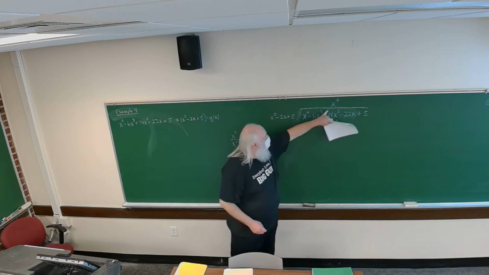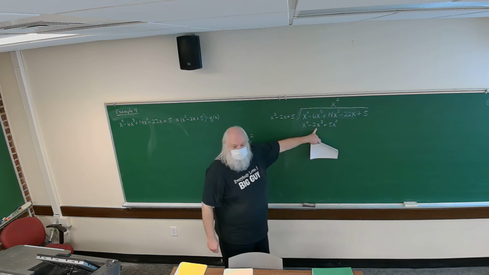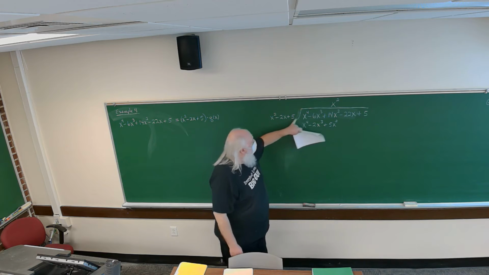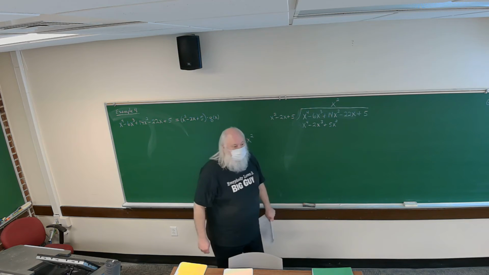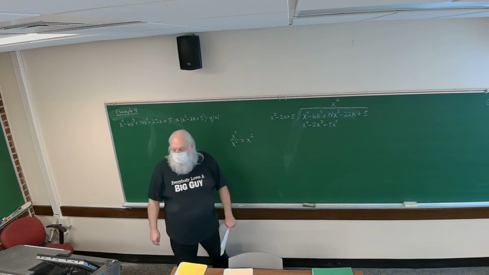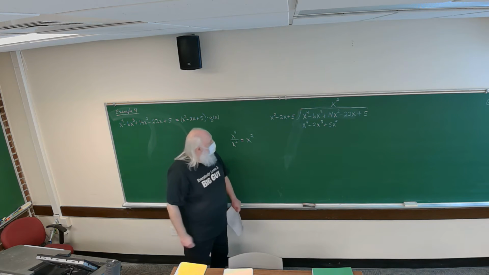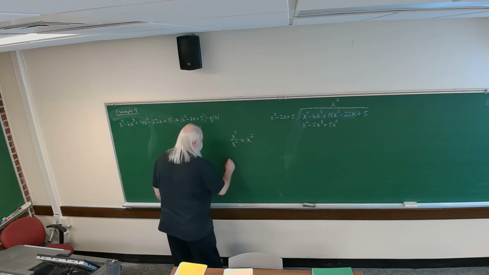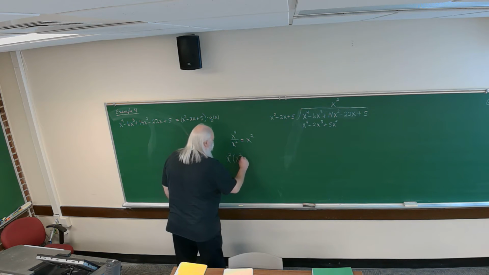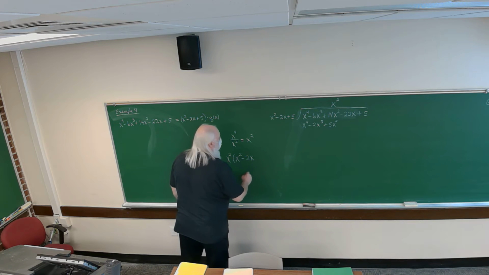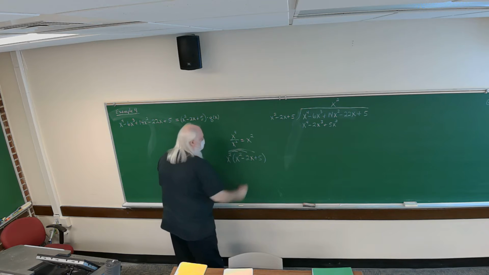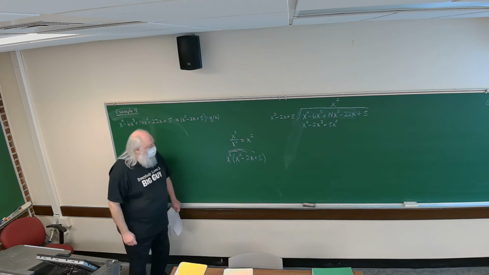Minus 2x times x squared is minus 2x cubed. And 5 times x squared is 5x squared. When you do the multiplication, you're distributing x squared inside the parentheses of x squared minus 2x plus 5. That's basically what you're doing.